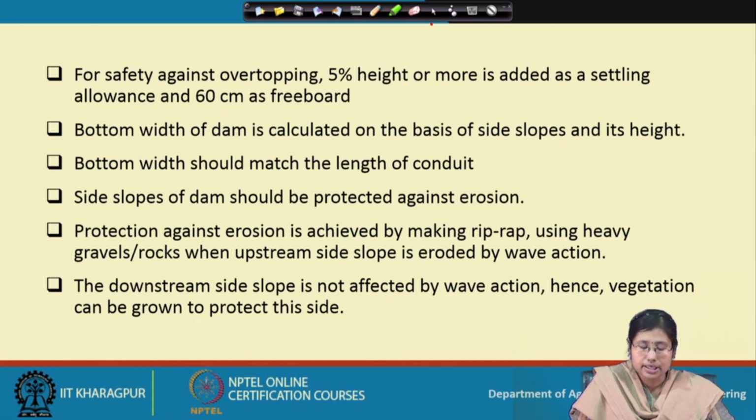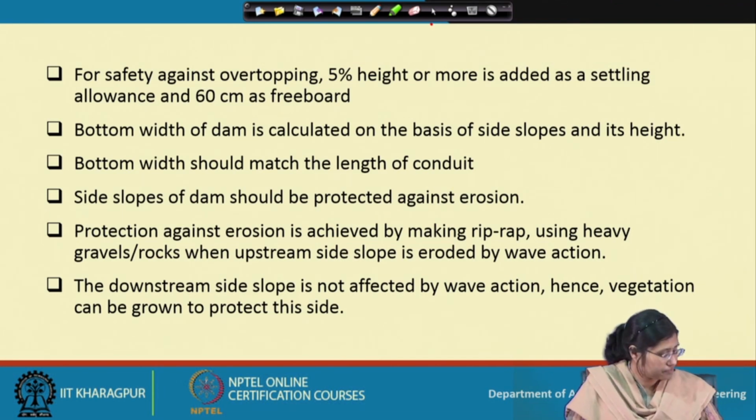Protection against erosion is achieved by making a riprap or using heavy gravel or rocks where the upstream side slope is eroded by wave action from the water. The downstream side slope is generally not affected by wave action, hence vegetation can be grown to protect this side.